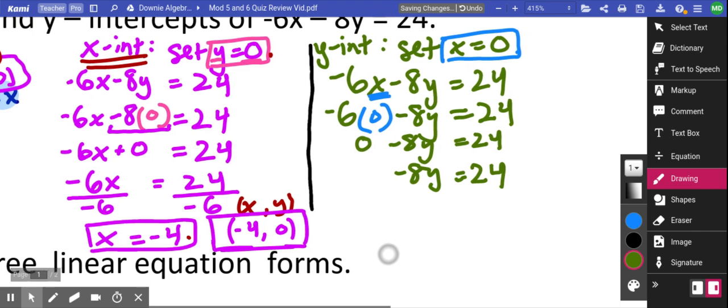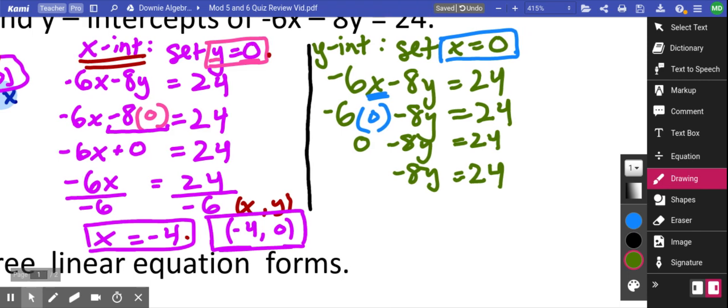We are almost done here. We want to get y all by itself. So we're going to divide by negative 8 on both sides. So y is equal to negative 3.